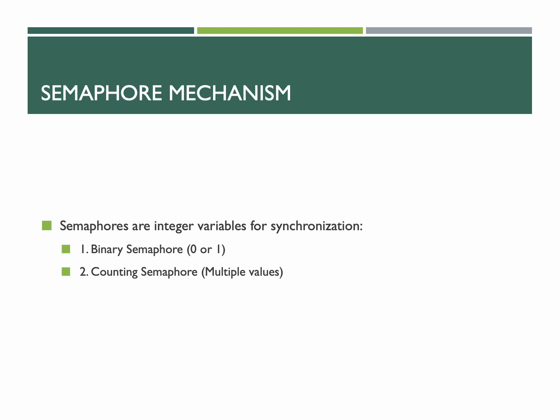So, first of all, we have binary semaphore, 0 or 1, also known as a mutex. It can only have two values. 0 means locked and 1 means unlocked. It is used for mutual exclusion, ensuring only one process can enter the critical section at a time.